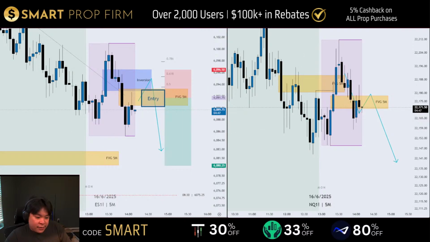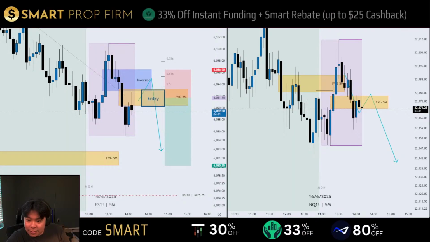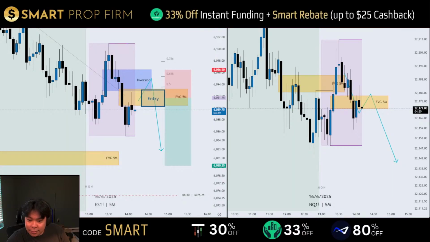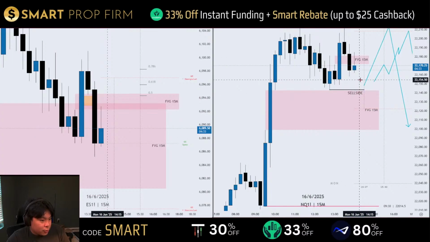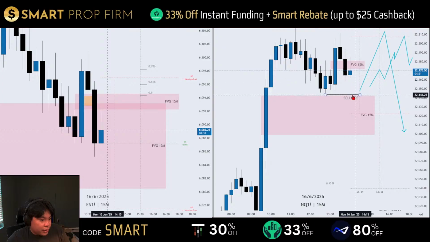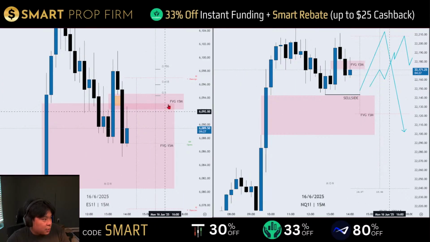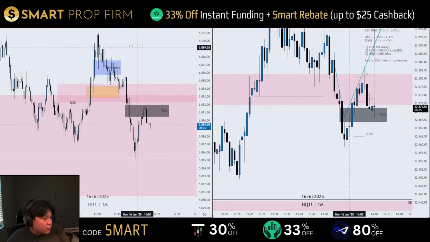It's trying to survive. It's honestly just trying to see if it can survive. So even on NQ here, we do have a good distance to go. That's why ES has just been the weaker asset right now. I like ES for shorts.